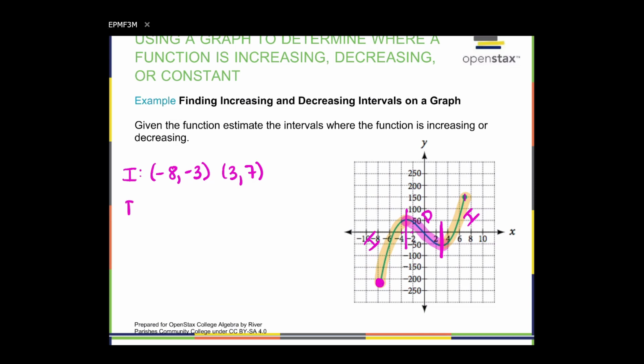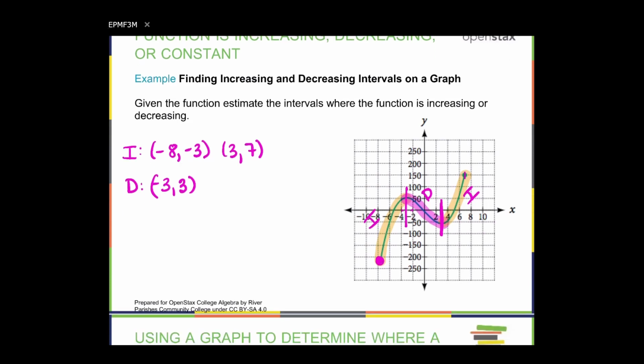And then it's decreasing from -3 to 3. And we always just put the intervals where it's increasing and decreasing. We always just use parentheses for those. Okay, moving on.